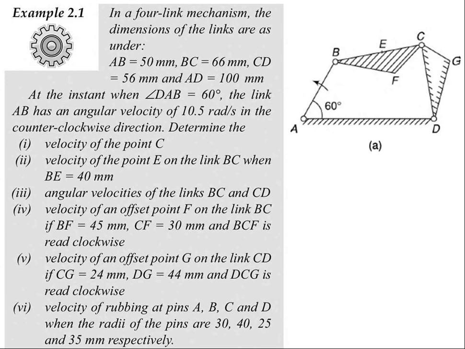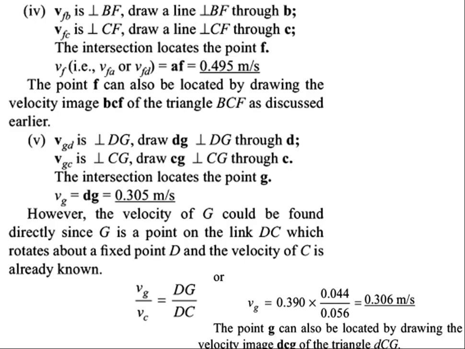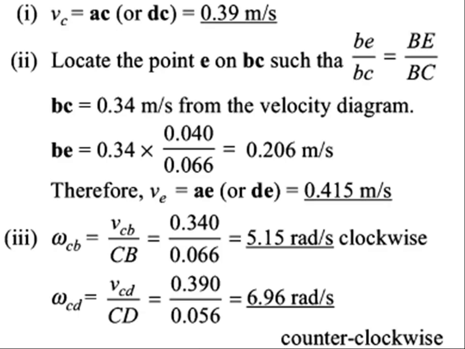You can calculate the velocity of point F by taking VFB perpendicular to BF, so draw a line perpendicular to BF through B, and similarly VFC will be perpendicular to CF. So draw a line perpendicular to CF through C, and the intersection locates the point F. So VF finally will be nothing but the distance AF.